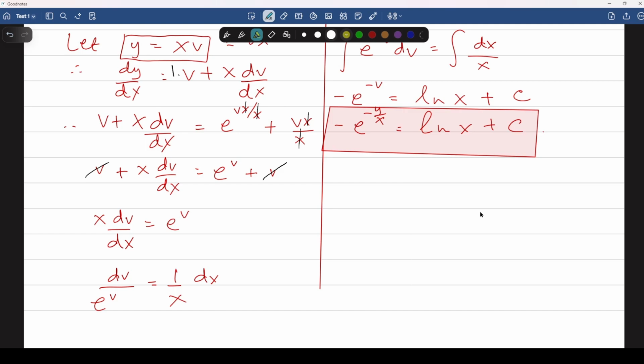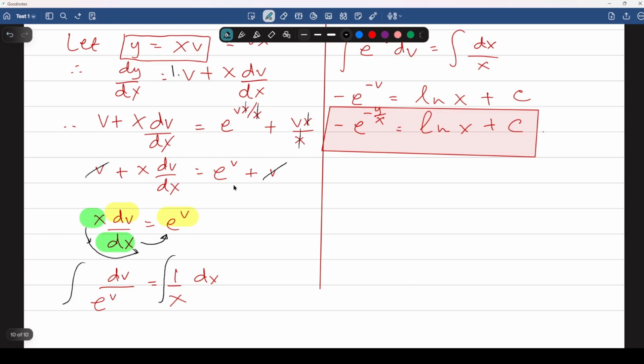Putting all the v on the left hand side and all the x on the right hand side, we have dv over e to the power of v equals 1 over x dx.